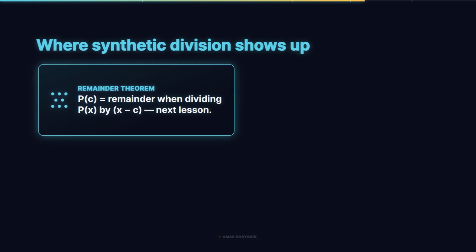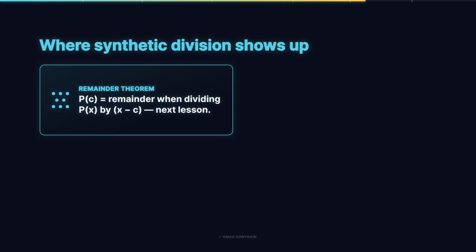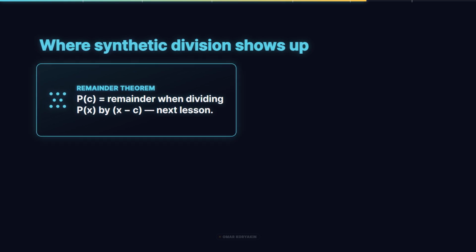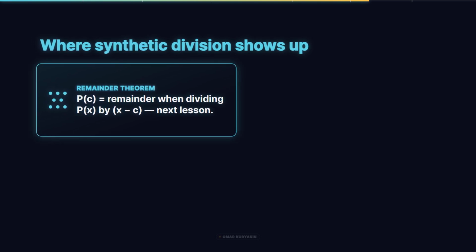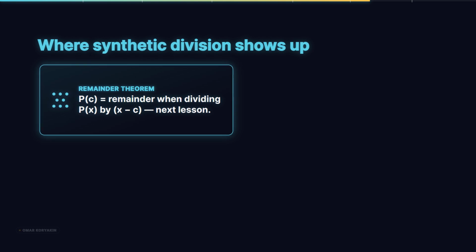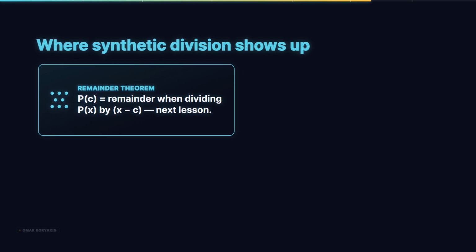This means synthetic division is also a fast way to evaluate polynomials at specific values. Just synthetic divide by x minus c and read off the remainder.